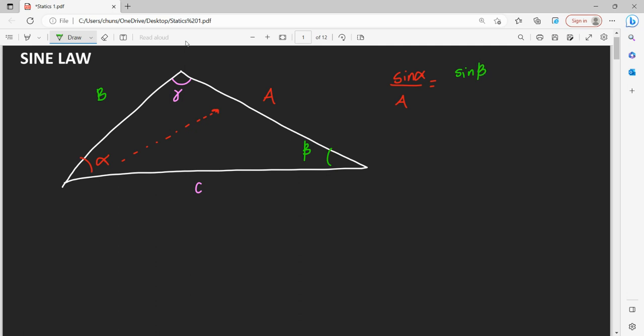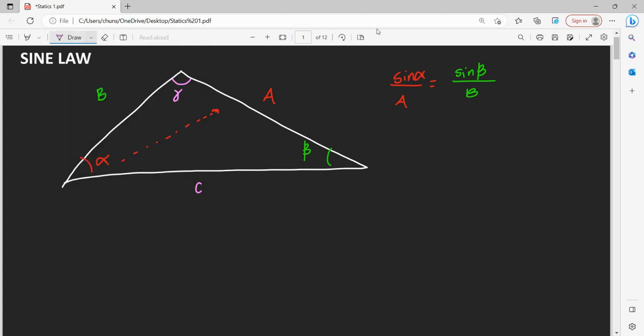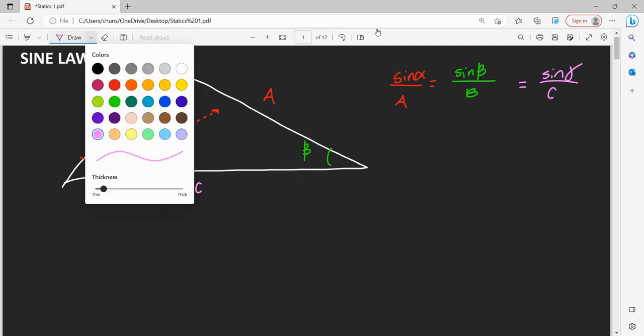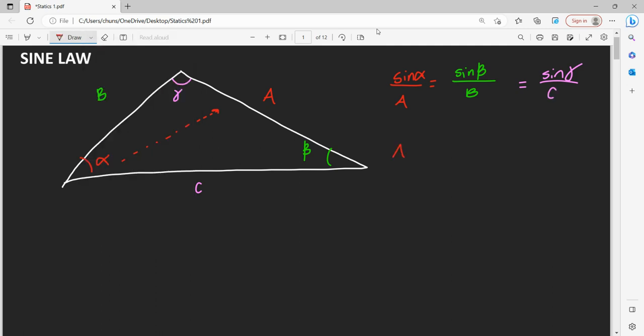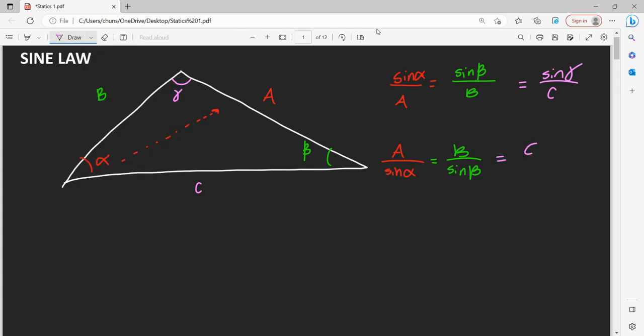So if you have sine beta, right, we go across to length b is equal to sine gamma over c. In that same way, a is equal to sine alpha, b over sine beta, which is equal to c over sine gamma.